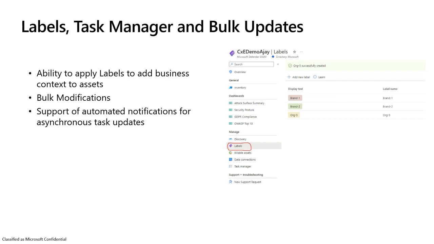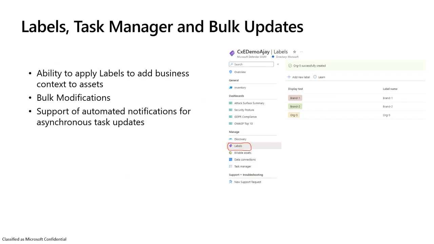The next thing that goes along with the labels is a feature that we introduced this year, which is to do bulk updates on your inventory. When the product was first launched, we were only able to update, at a given time, the first page of your digital assets that were shown. Now you can do a lot more.